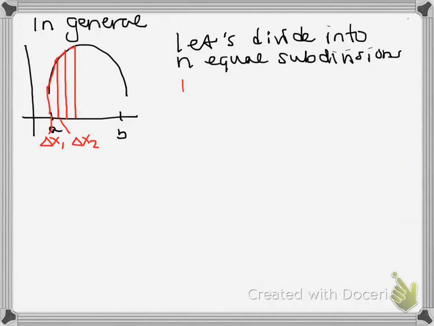The height of our trapezoid, because remember, the y values make our two bases, is the change in x. We refer to that as delta x, and that's the distance from A to B, or B minus A, divided by how many subdivisions you make.